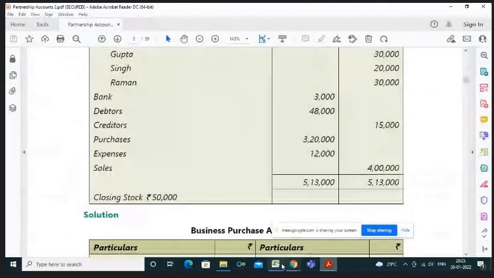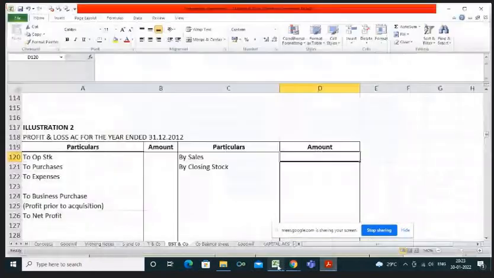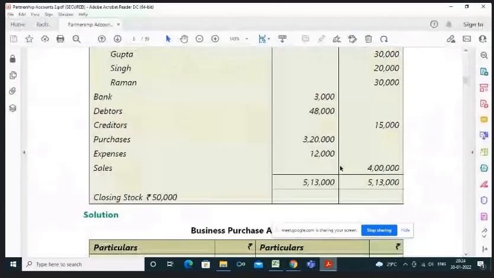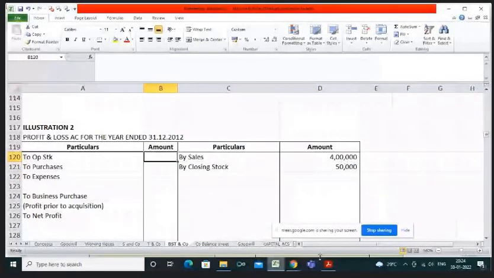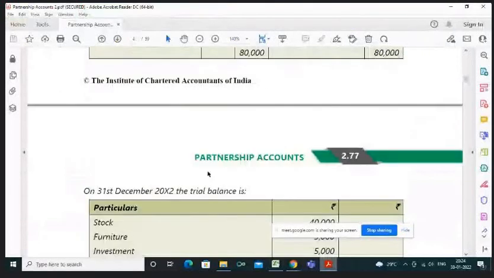So entire year, the sales were 4 lakhs. And closing stock: how much is the closing stock? Closing stock is given as 50,000.